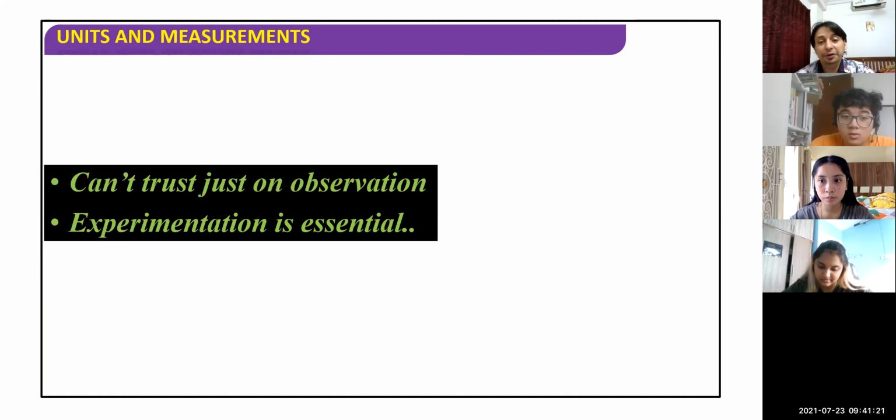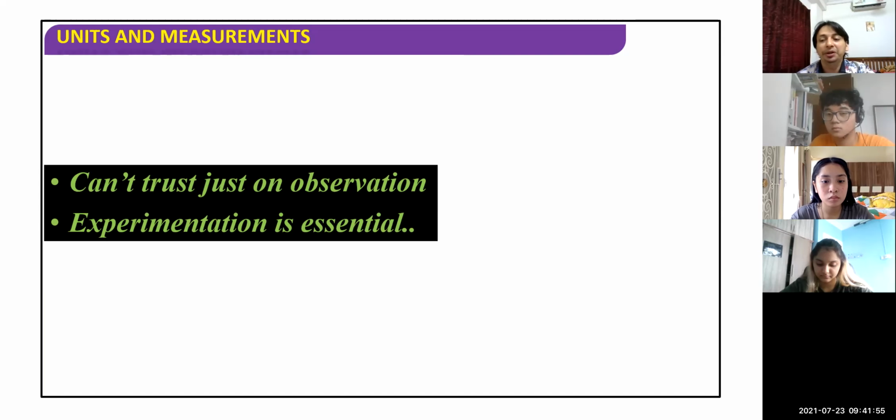So what we can conclude from it is that we cannot trust just observation. Sometimes our observation can be wrong. There might be chances of some error. Sometimes it's a huge error, sometimes it's a minute or minor error. So if we are not pretty sure about our observation, our next task is to do some experiment.